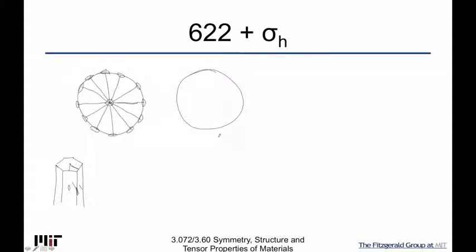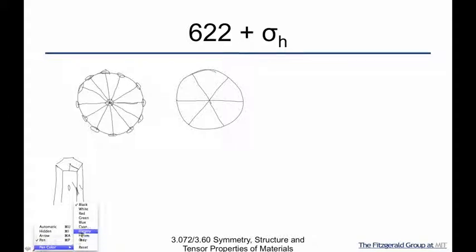If we look at the elements here, I'm going to draw this to aid the eye.